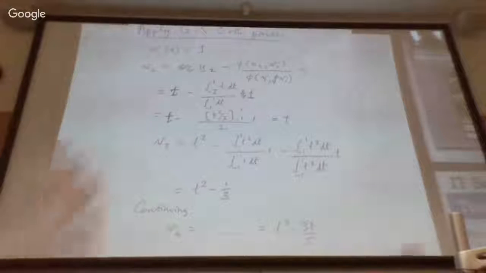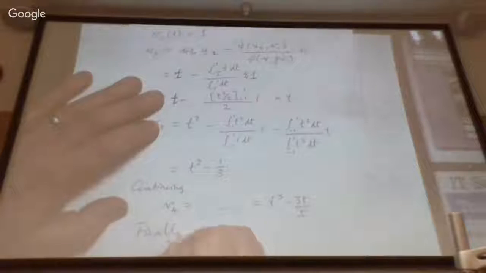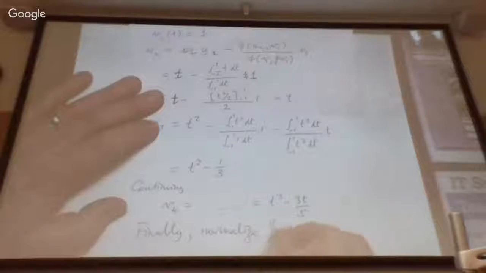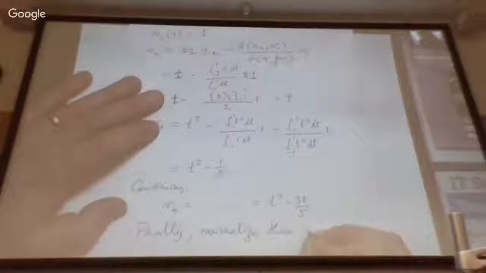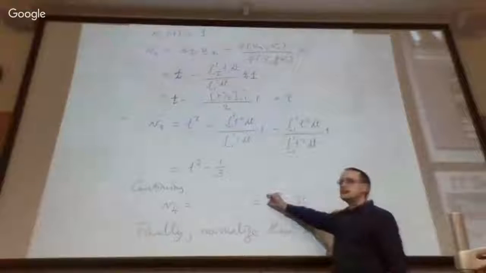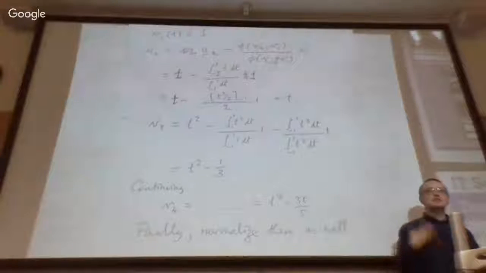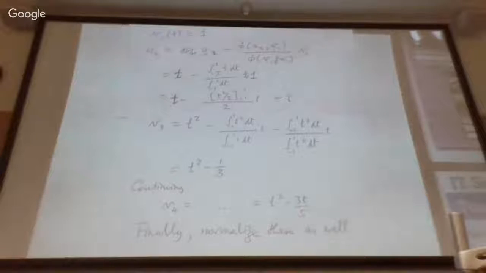Then finally, we would like to normalize them as well, meaning rescaling them by the reciprocals of their magnitude, so you turn them into vectors with magnitude 1.